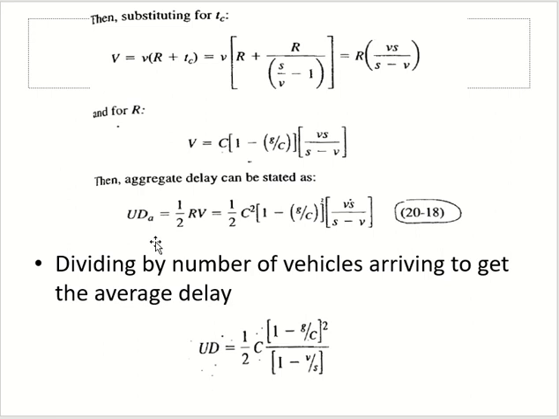If I have total and I want to calculate average, then what do I do? Divide by the number, right? So I will divide this equation by the number of vehicles. This one was for total. I divide by V and I get the equation for average. So this is for average delay and this is for total delay. Clear?